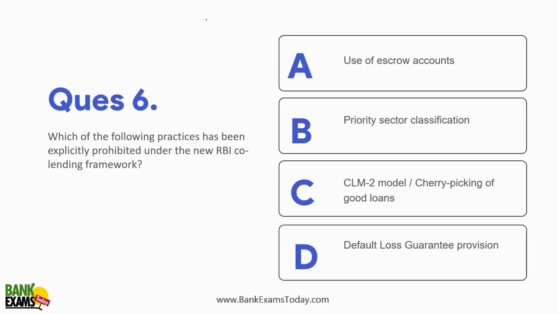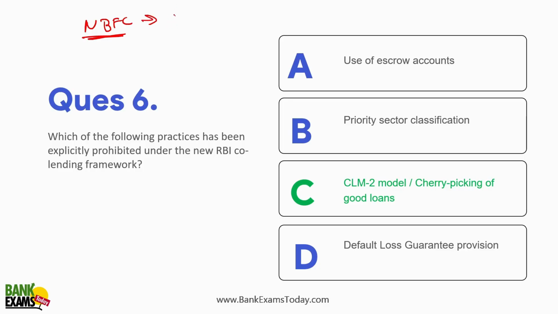1 working day. Which of the following practices has been explicitly prohibited under the new RBI co-lending framework? Cherry picking. What do you mean by cherry picking? Let's say an NBFC is giving small micro loans to its borrowers.